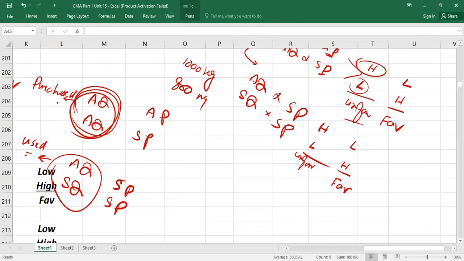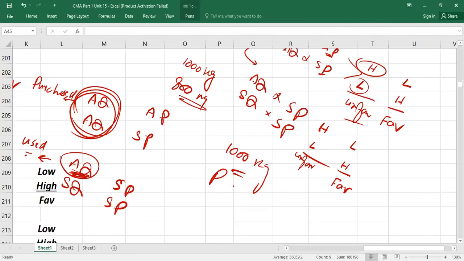But in quantity variance, this actual quantity should be used quantity, which is 800. But if the exam question tells you the company has purchased only 1000 kg and no information is given about used, then we will assume purchases are equal to usage. Okay, understood? Please also remember this thing.